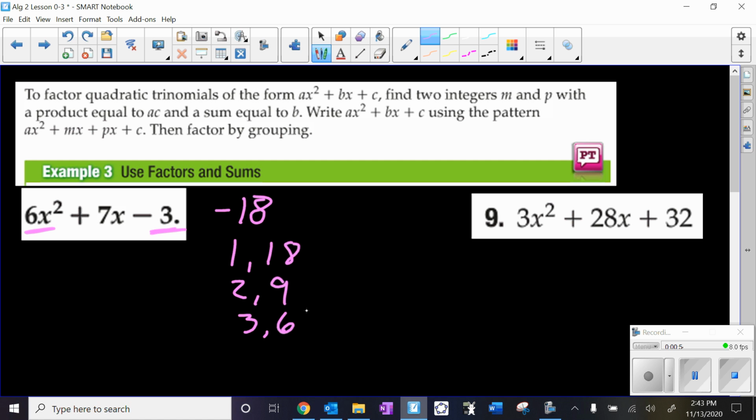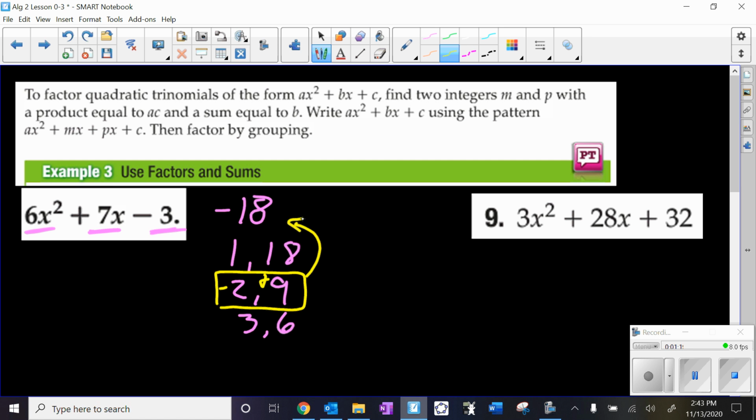So now, from these factors, I'm looking for the ones that will add to a positive 7, which will be a positive 9 and negative 2. If I take a positive 9 times a negative 2, that also gets me negative 18. So those are the factors that I want.